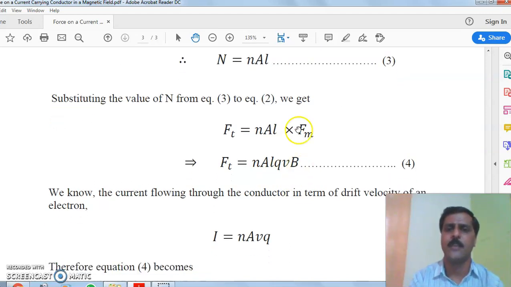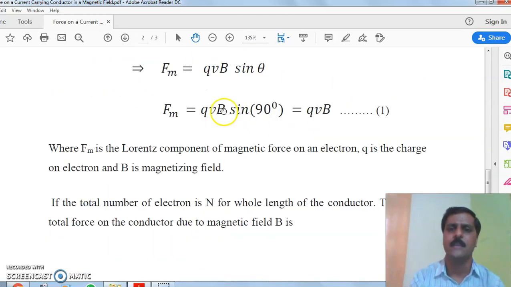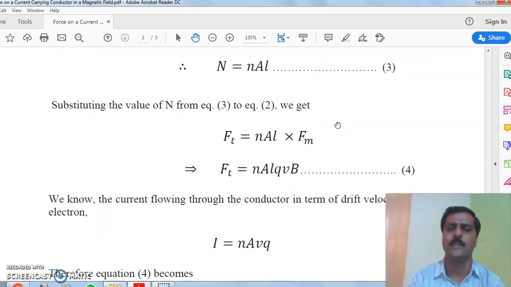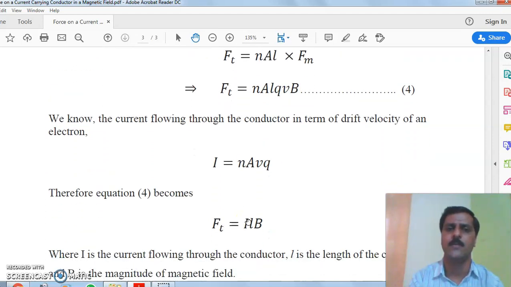By substituting the value of Fm, which we derived as the force experienced by the individual electron in equation number 1, that is Fm is equal to q B into v, we get the total force as nAL q v B. We get equation number 4.